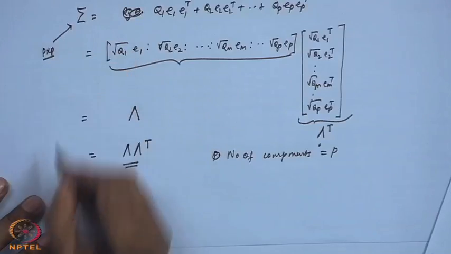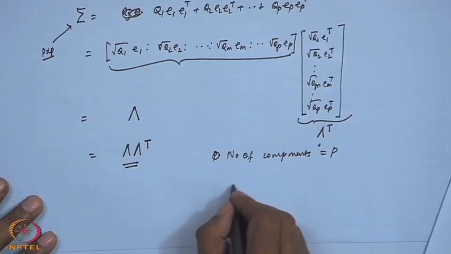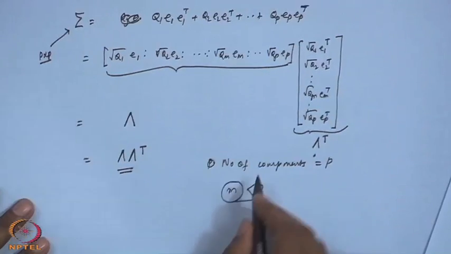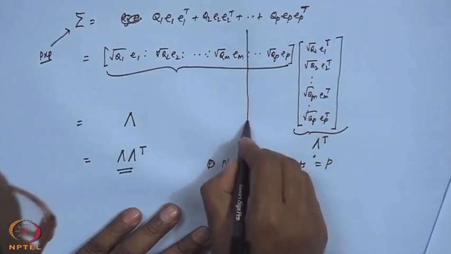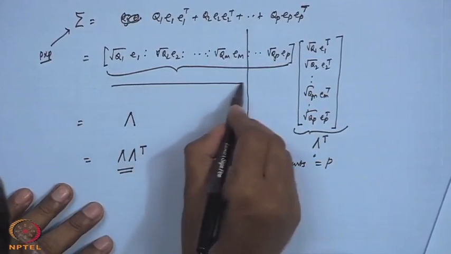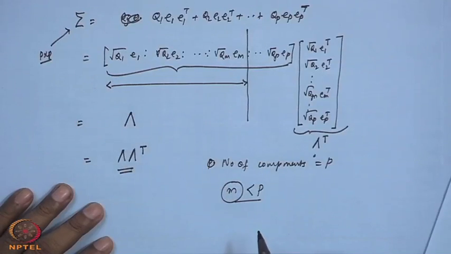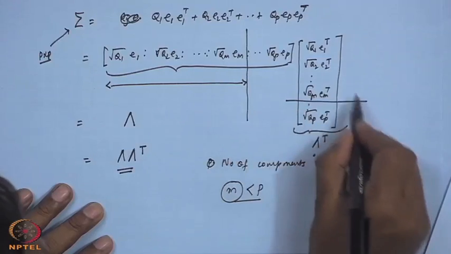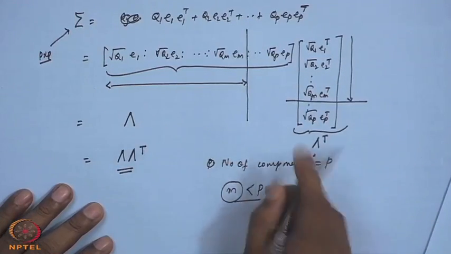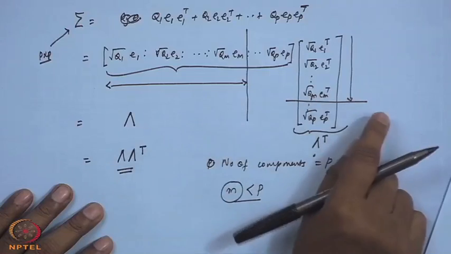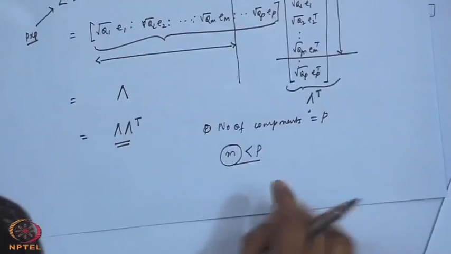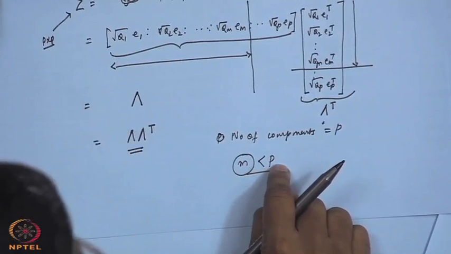So in that case we want a much smaller number of factors, that is M, where M is less than P. If this is the domain for one M and similarly this much is for another M, then the remaining portion we can attribute to the error terms or specific variance, because we do not want to extract P factors.